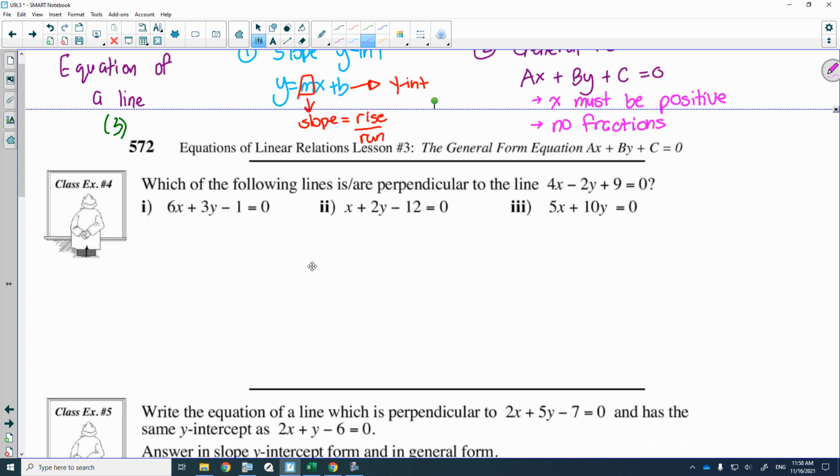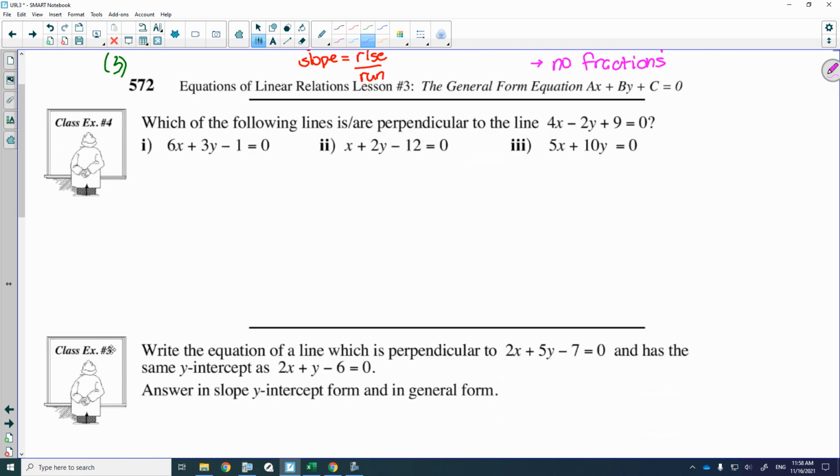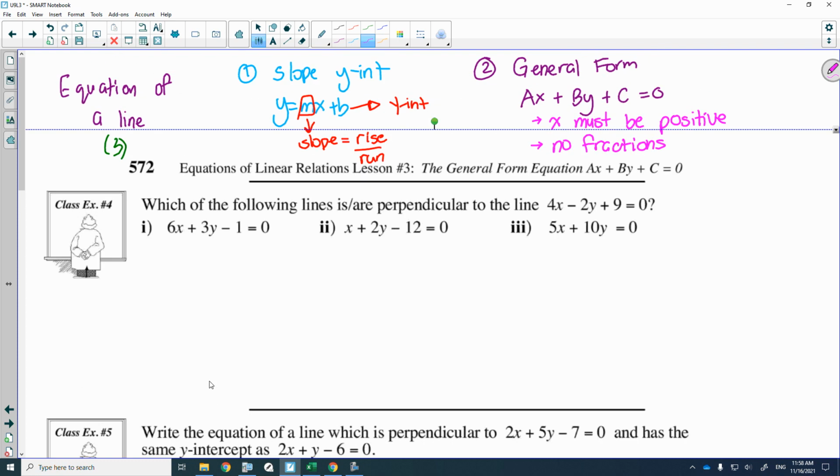So let's look at class example 4. You're going to see how much work these questions are. When I give you this quiz, it will be 2-3 questions maximum because one of these questions would be worth 8 marks. Actually, when we get to question 5, that's more like a quiz question. Which of the following lines are perpendicular to this line here?